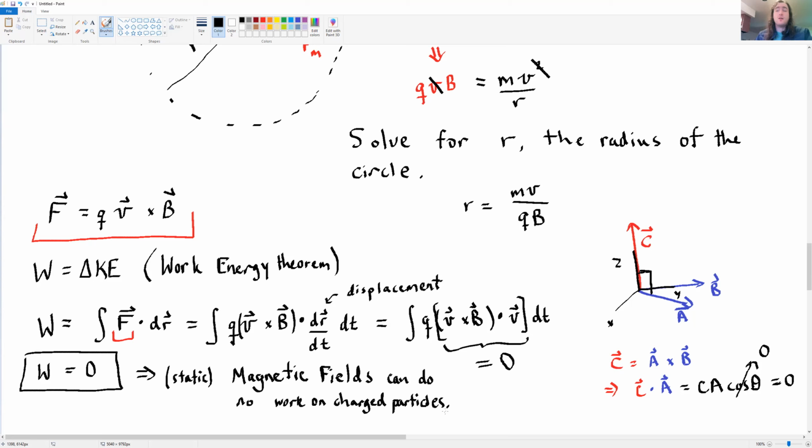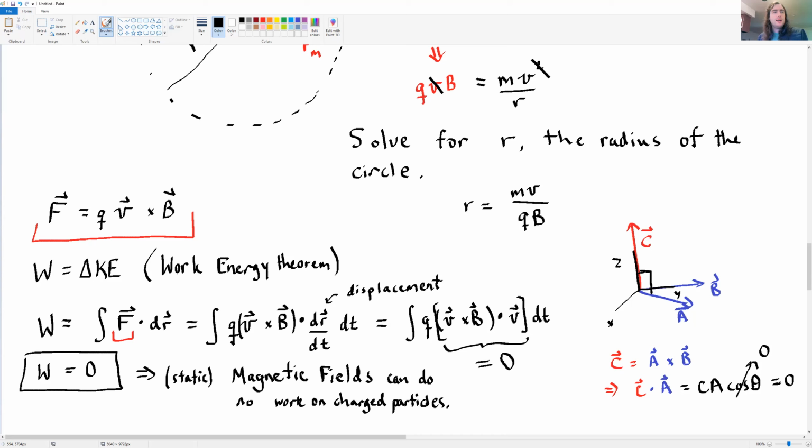But if we go based on the definition here from the Lorentz force, it doesn't even matter if it's a time-changing magnetic field. But it is something to be aware of. So a time-changing magnetic field will give rise to an electric field, which will then potentially do work on a charged particle. Okay, so that's one thing that's really interesting about magnetic fields.